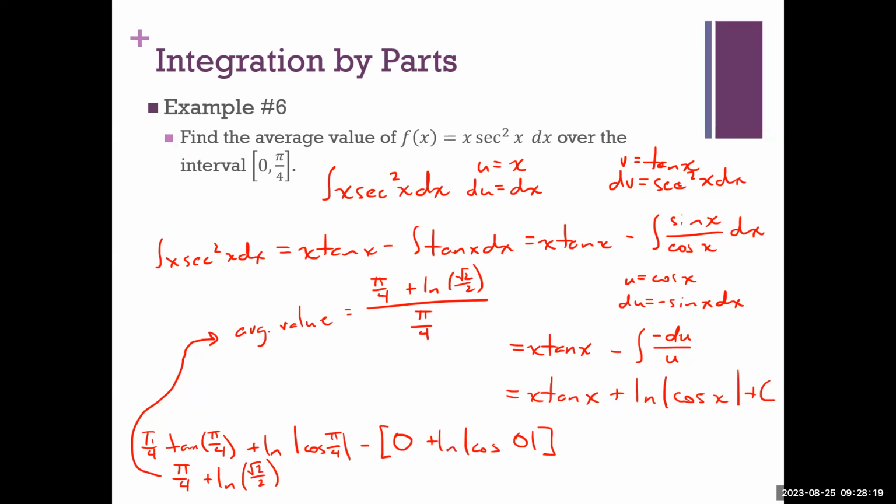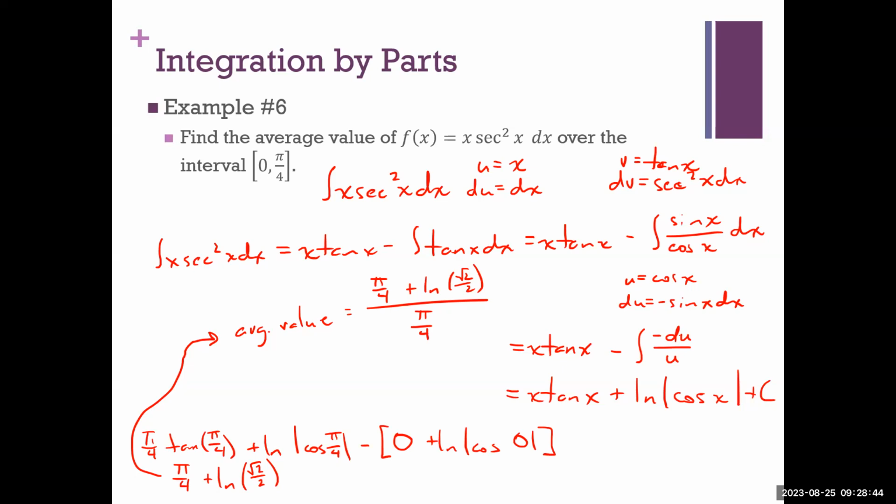We started with x tangent x minus the integral of tangent x. Re-expressed it as sine over cosine. And then when we did the substitution, our du ended up being the negative version of this, right? So I believe that's why these negative signs essentially cancel out.